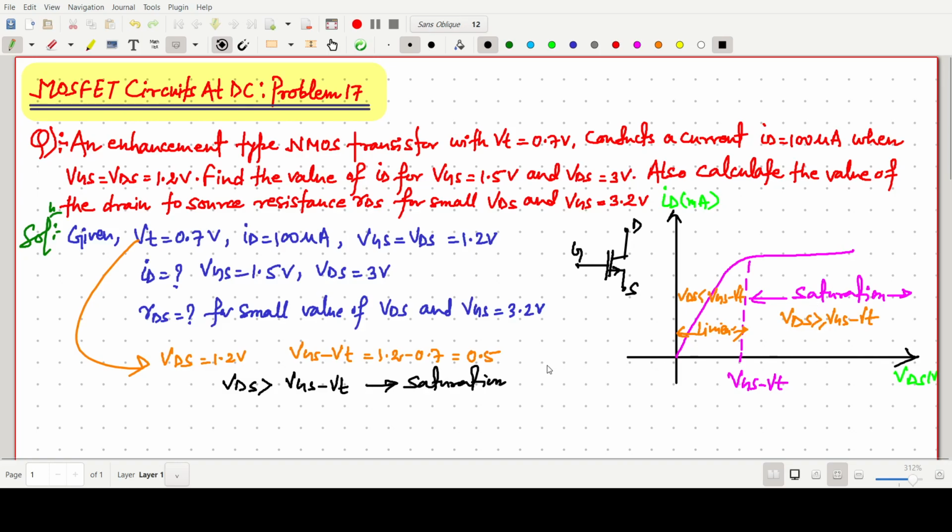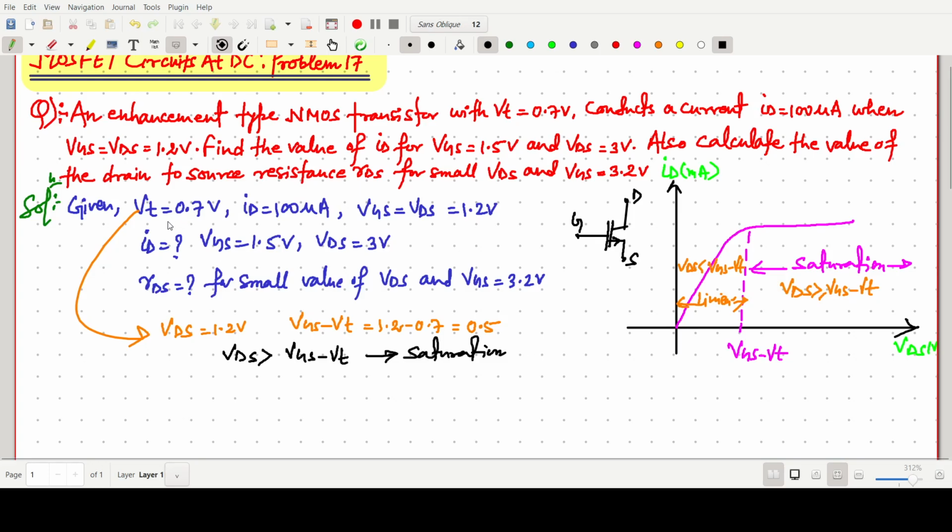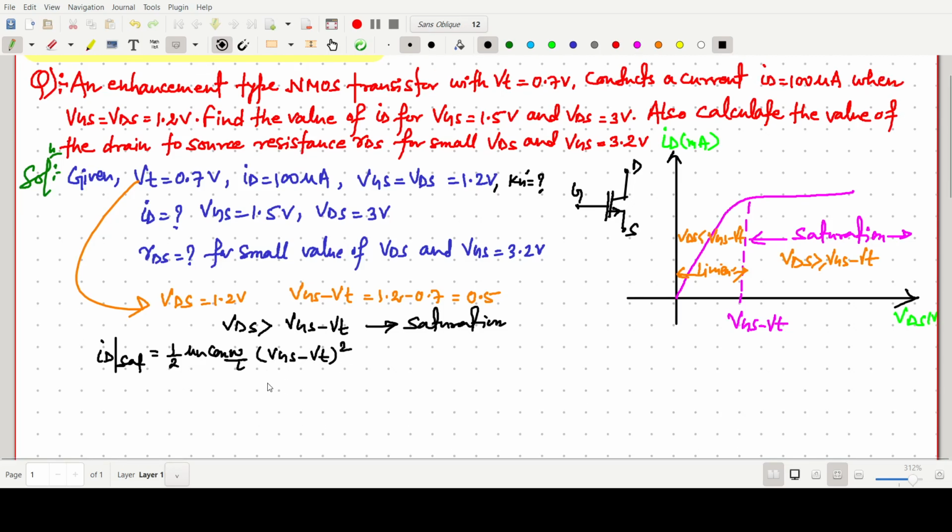Now, using this, we can find the process transconductance parameter kn, because kn is not known to us. First we write the drain current equation for the saturation region: ID equals 1 by 2 mu n Cox W by L, VGS minus VT, whole square. Everything is given.